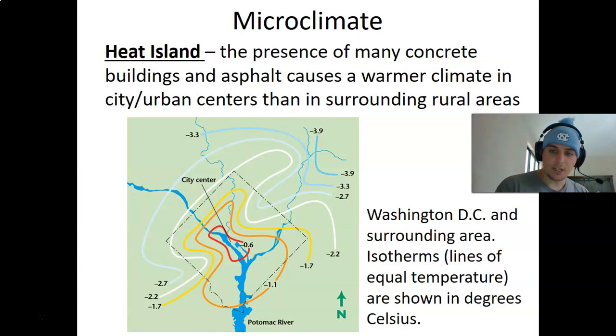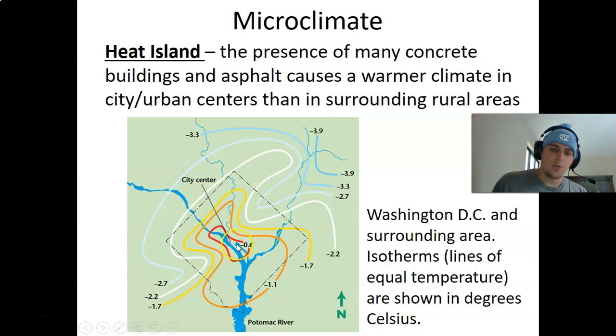So Washington, D.C. and the surrounding area, you can see right here, these are isotherms. These are lines of temperatures, okay? So what you should see here is that right here in the city center, as you move out, each of these lines is a change of what looks like 0.5 to 0.6 degrees, I'm assuming degrees Celsius.